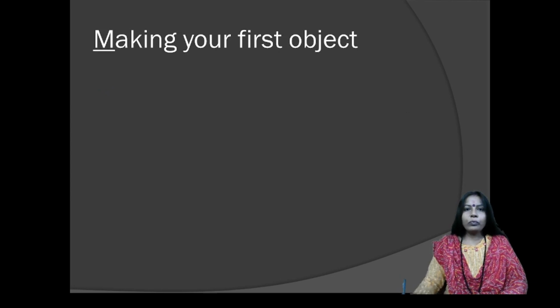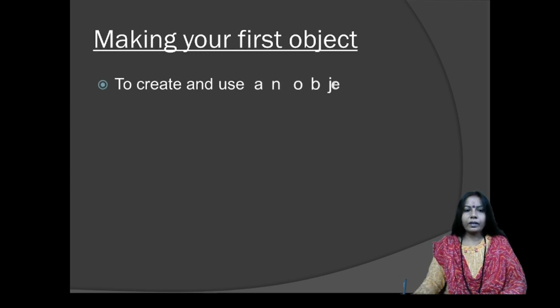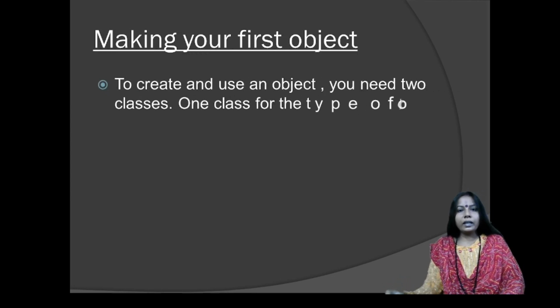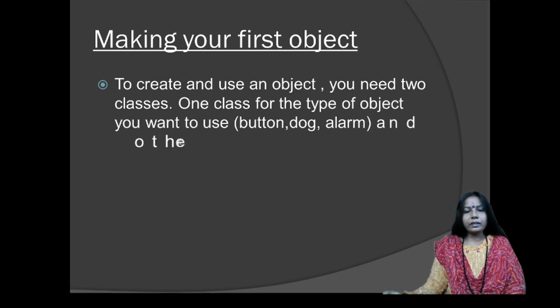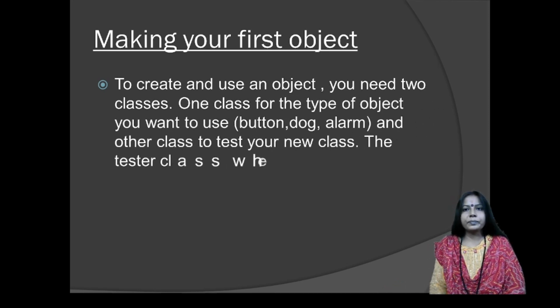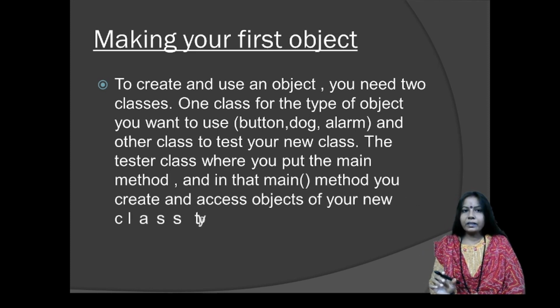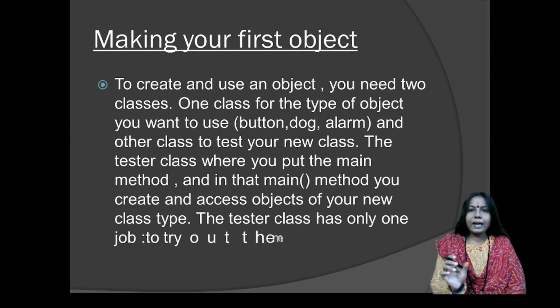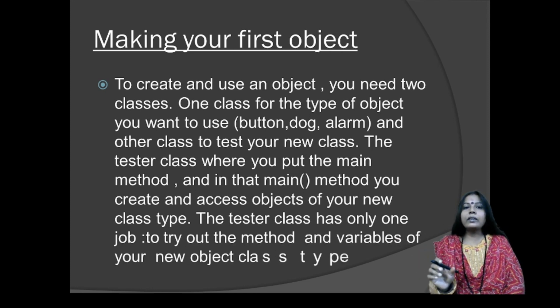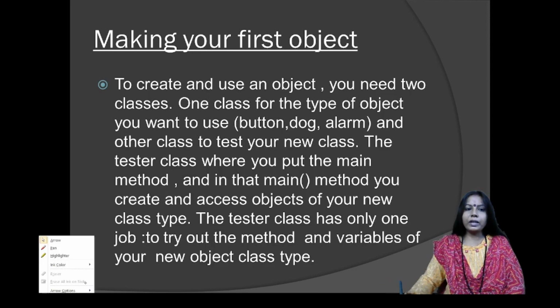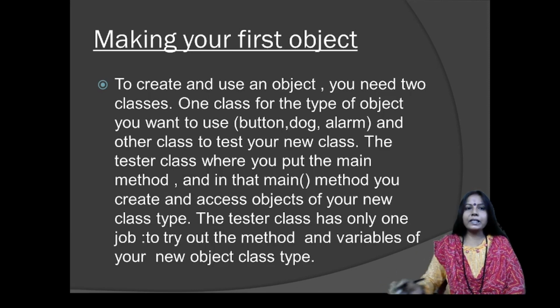So making your first object: if you try to use an object, then you need two classes. One for the type of object that you want to use and the other to test your new class. I will also try to make you understand after using a simple example.